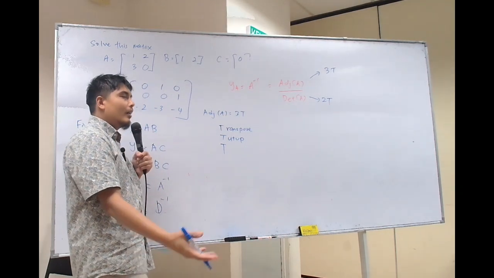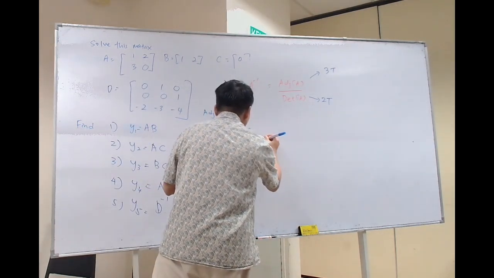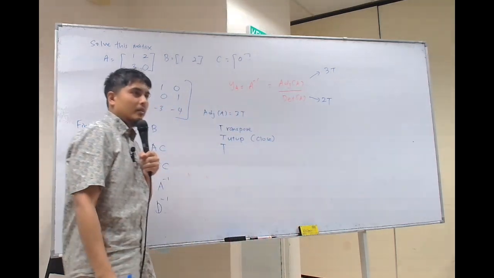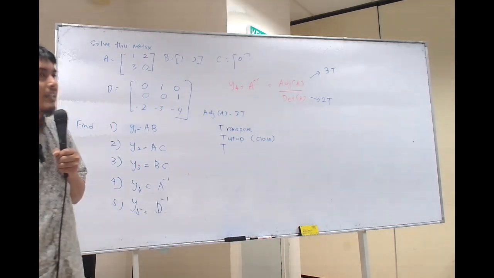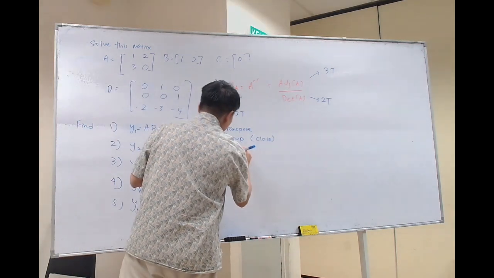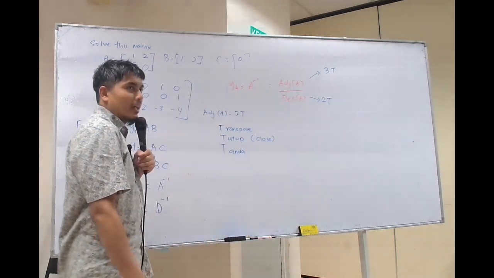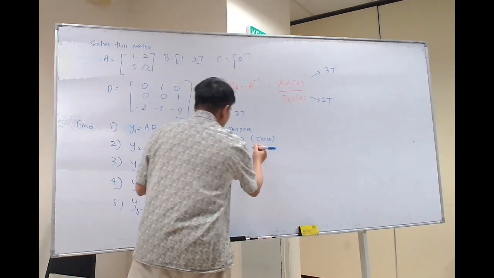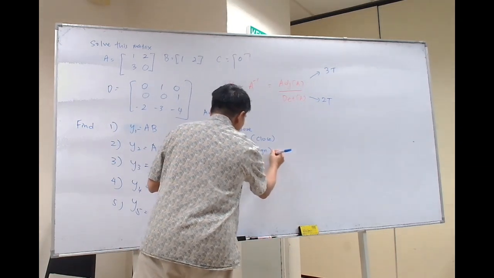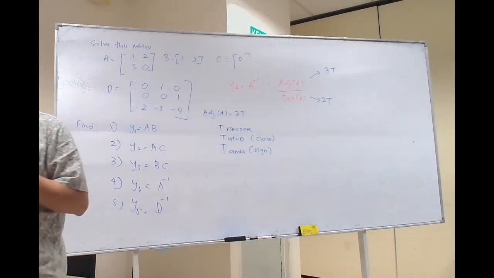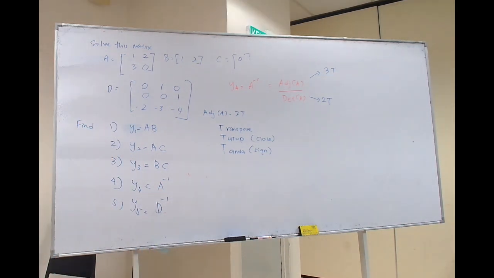Tutup in English, close. And the final T is tanda. In English we call sign. Three T's: transpose, tutup, tanda. Or in English, transpose, close, or sign. TCS. But TCS is not catchy. 3T is more catchy.